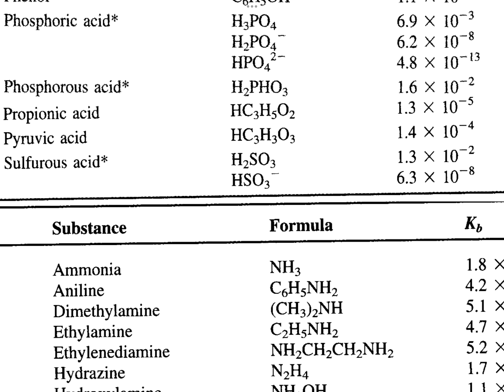That's the secondary dissociation, meaning the dissociation after the first H plus came off. Look at the difference between the Kas: 6.2 times 10 to the negative 8th. That's a big difference. And then below that, HPO4 2 minus, the Ka is 4.8 times 10 to the minus 13th.